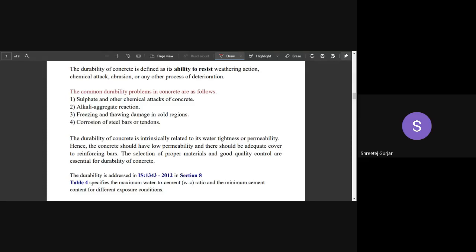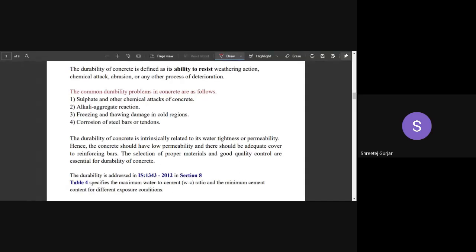If there is more sulfate and more chloride in the environment wherein you are going to place your concrete, proper materials need to be taken into account, so that it can resist sulfate and other chemical attacks like chloride attacks.